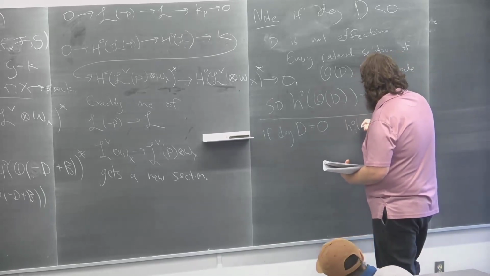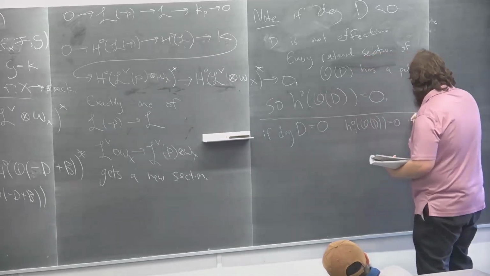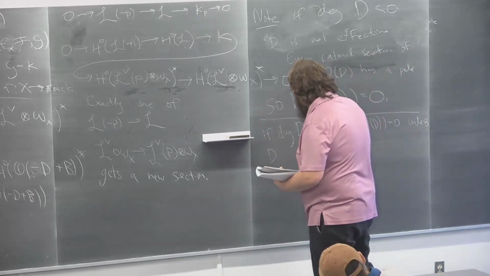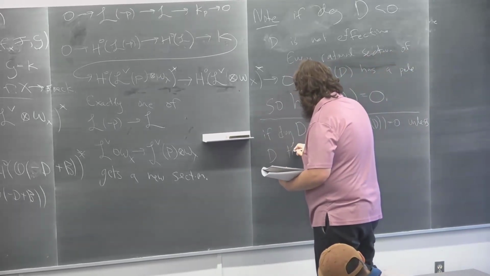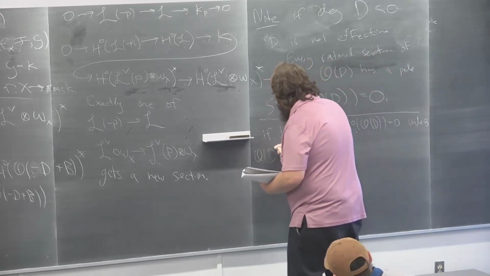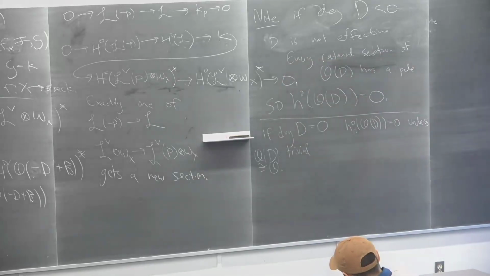So I get H0 of O of D is 0 unless O of D is trivial, so it's isomorphic to the structure sheaf. Obviously, the structure sheaf has a section, but nothing else of degree 0 can have a section.